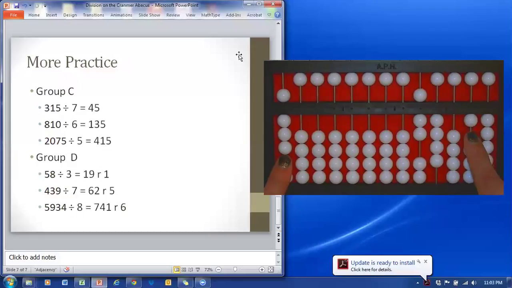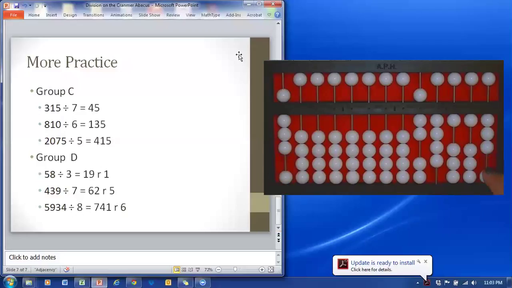Now 8 isn't going to go into the 1, but 8 will go into the 14, and that'll just be 1 time. So from the 4 in 14, I'm going to move over 2 columns to the left and place that 1. 1 times 8 is 8. Now look carefully here. First column I'm going to subtract 0. Next column I'm going to subtract 8.